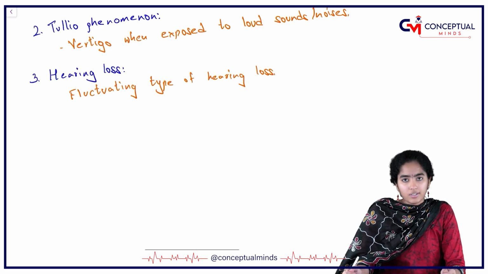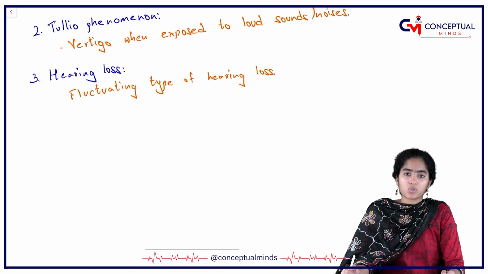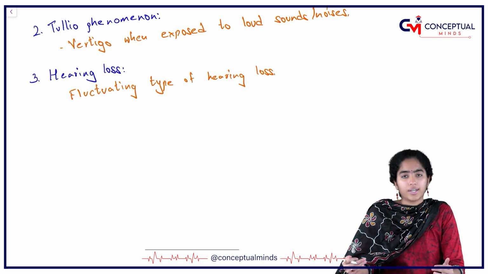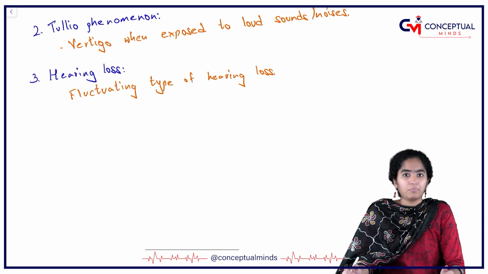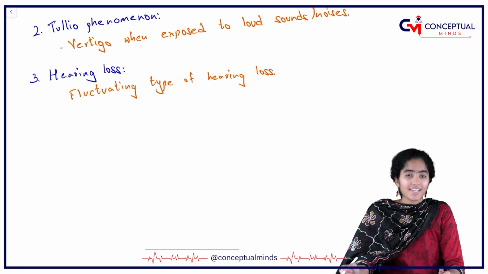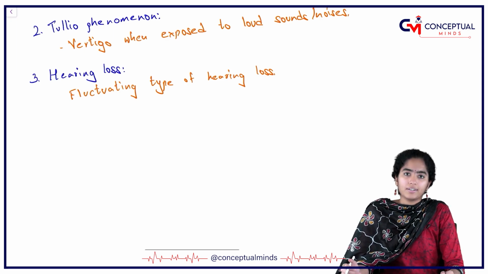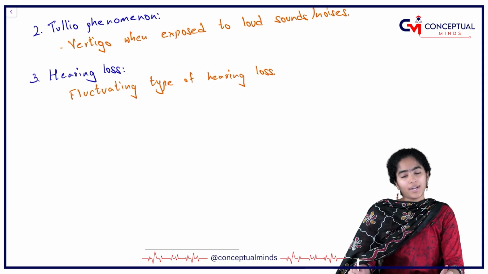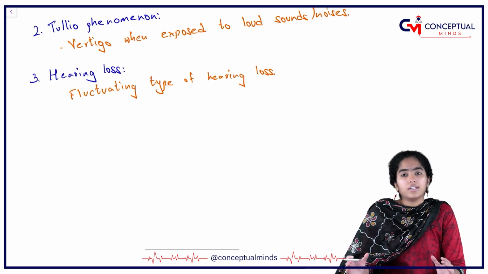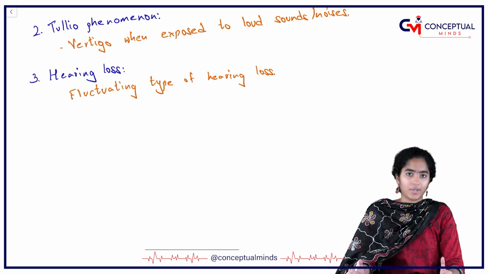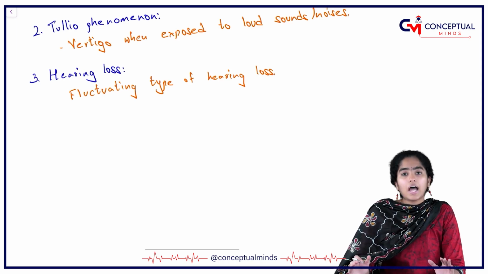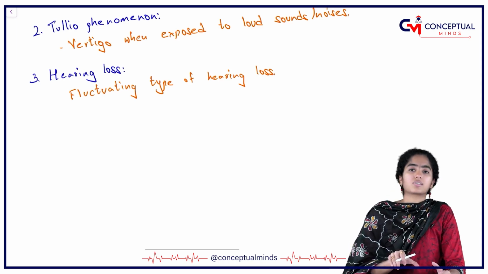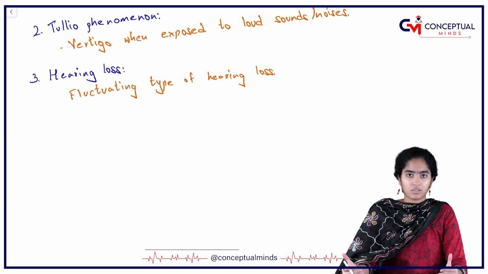So in malingerers, suppose say today I perform an audiometry and again tomorrow I perform an audiometry, or in the same day, morning and evening if I perform audiometries, there will be difference in the hearing loss. That is fluctuating type of pure tone audiometry results. This is fluctuating type of hearing loss. The hearing loss itself is fluctuating. So these two are different things. Kindly do not get confused when this term is put in the MCQ or a case question.